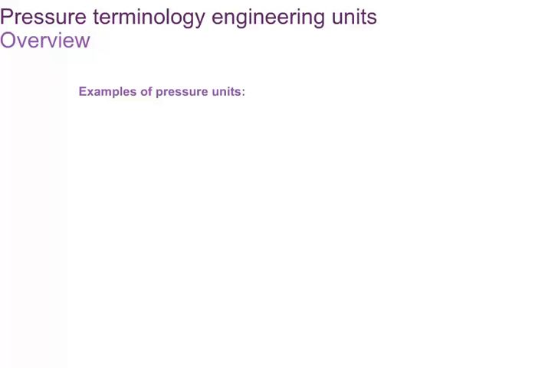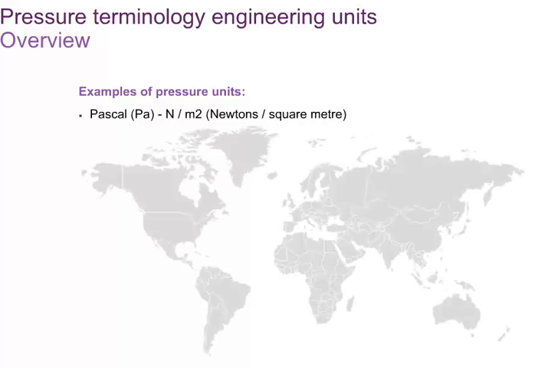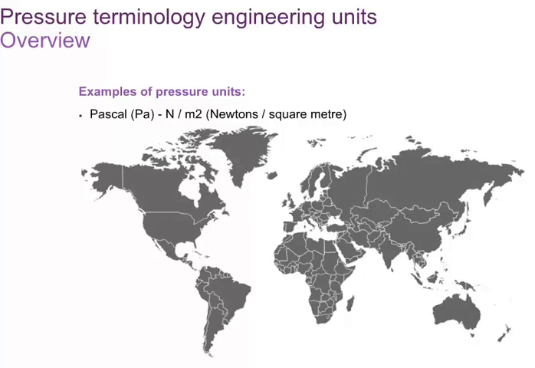Although pressure should be expressed according to the International System of Units in Pascal, for example kilopascal, megapascal and so on, very often different units are used in different regions. Although the Pascal is the international standardized pressure unit, you will find in Europe often the bar is used. In the United States, the SI unit is nearly never used, but instead PSI.